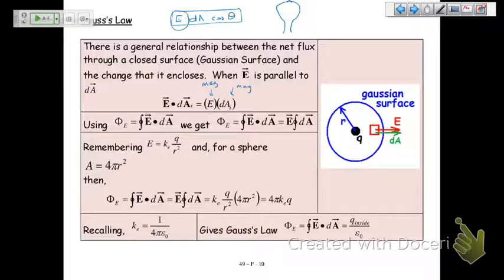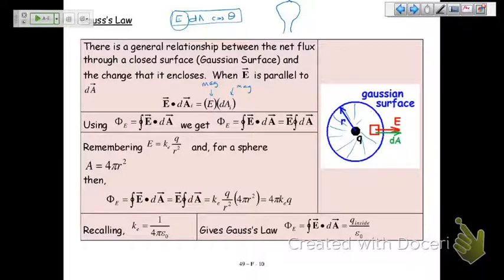And we say, well, our flux, which equals the surface integral of E dot dA, becomes, if I pick my Gaussian surface right, so that E is constant. How do I do that? I make my Gaussian surface equidistant, all points on it equal distance from the charge. Remember, the electric field falls off as an inverse square relationship. If I'm the same distance away at all points on my Gaussian surface, I get the same numerical value.